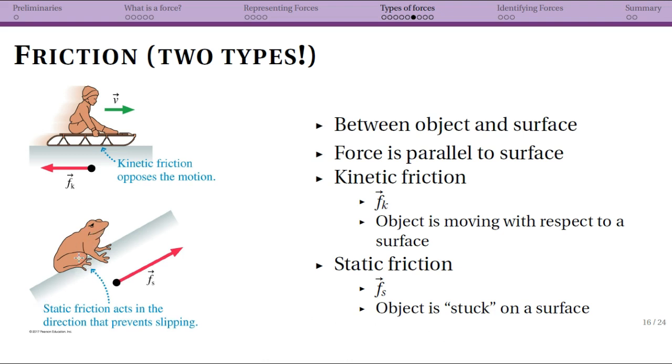The frog would be sliding down the surface, so we say that static friction is up the surface. Again, we will return to this since friction is a big topic in a few sections from now, so you will see more about this later. The important thing right now is to have a sense of what the notation is, and what the names mean.